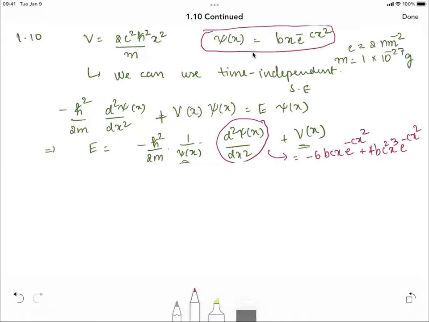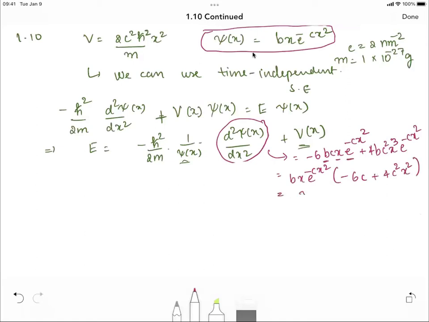So we have computed the second derivative of psi, and we can write this as, I'm going to take bx and the exponential term out, which gives me negative 6c plus 4c squared x squared.